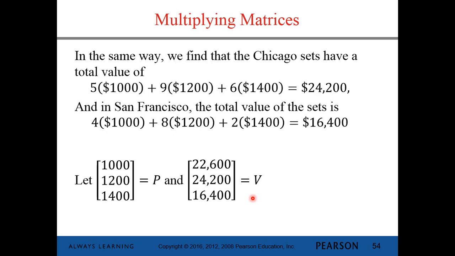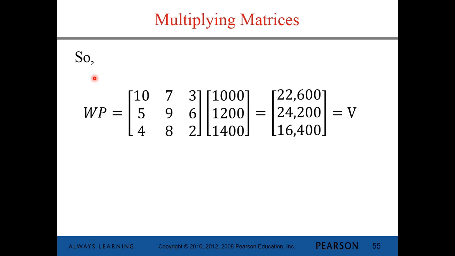Based on what we just saw, we can look at this as a matrix multiplication. So W times P is equal to 22,600, 24,200, and 16,400. But how did we get that?